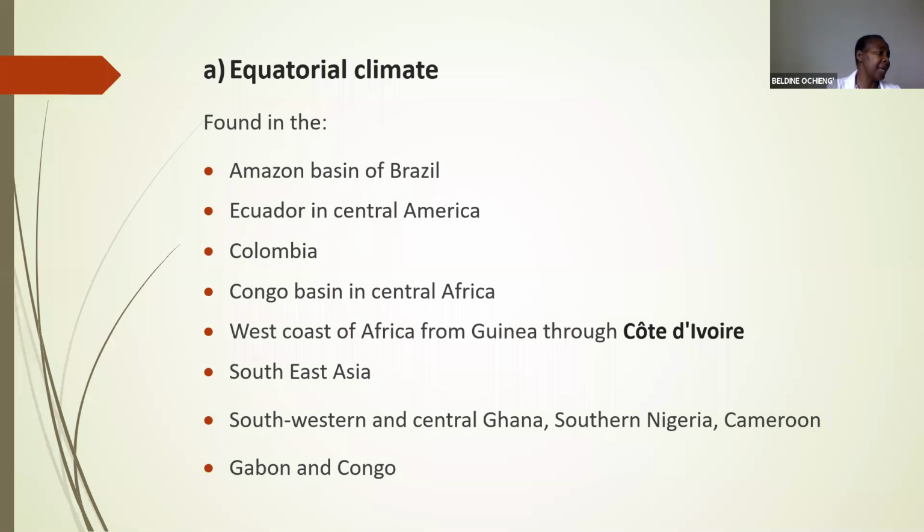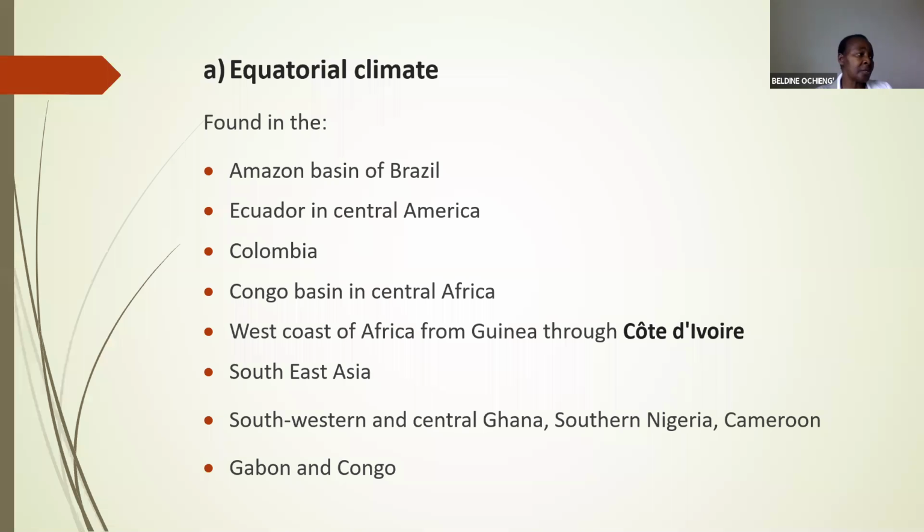Amazon Basin in Brazil, Ecuador in Central America, Colombia, Congo Basin in Central Africa, west coast of Africa from Guinea through Cote d'Ivoire, Southeast Asia, southwestern and central Ghana, southern Nigeria, Cameroon, Gabon, and finally Congo.